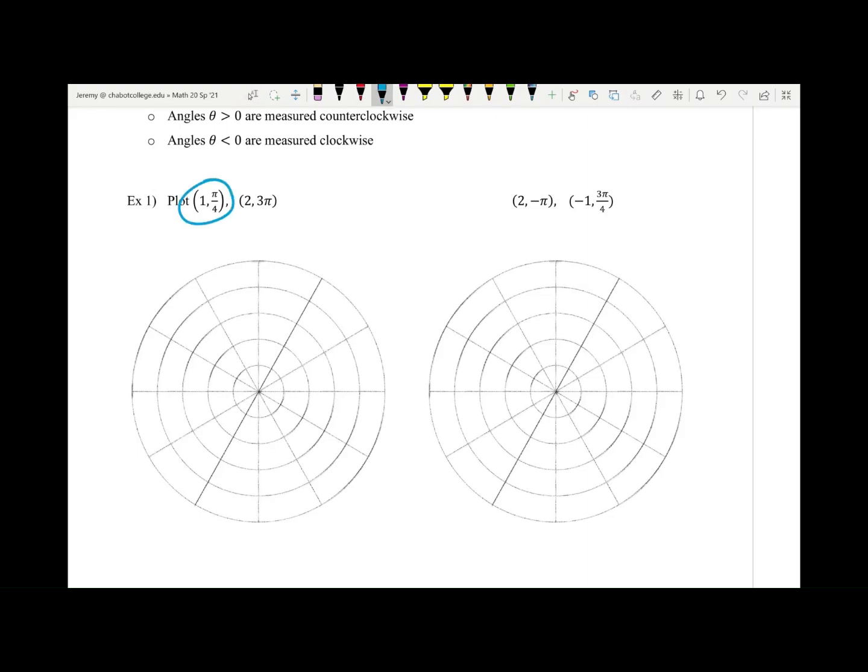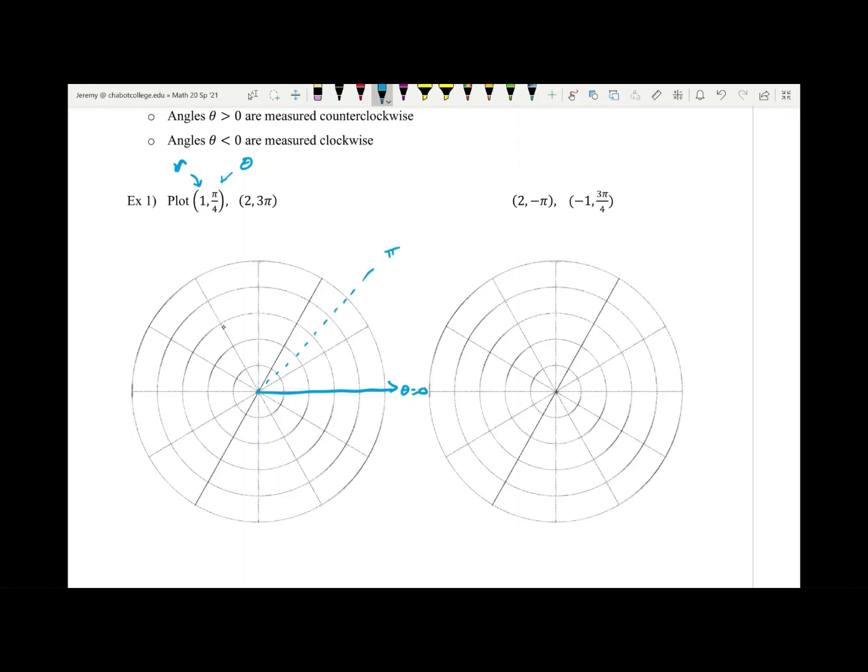So let's say I want to plot this ordered pair 1, pi over 4. So 1, that's my radius. That's going to be the distance of this point from the pole, and then pi over 4, that is my theta value. That's going to be the angle that the ray created by that point through the pole makes with the polar axis. So here's the polar axis, that's like theta equals 0. So pi over 4 is going to be that angle right there.